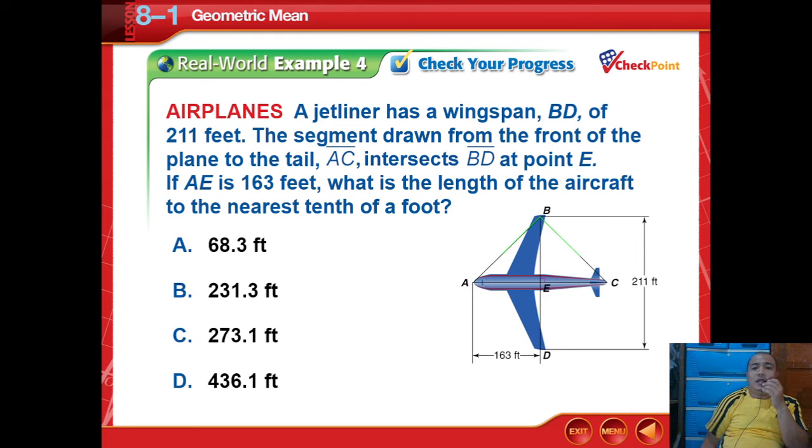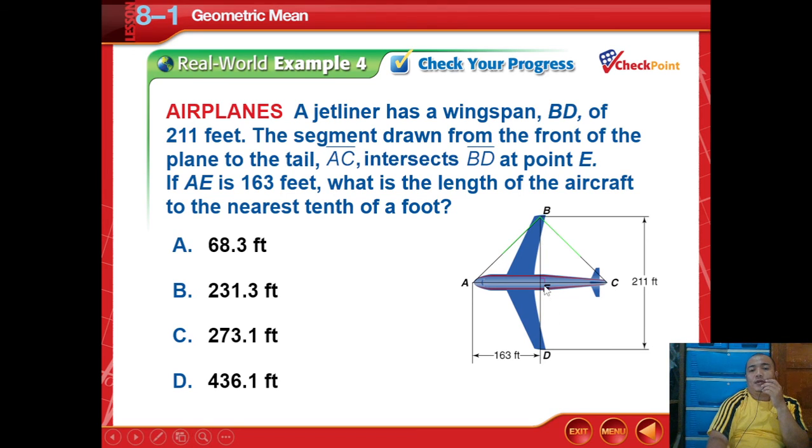Another problem, on airplanes. A jetliner has a wingspan BD of 211 feet. The segment drawn from the front of the plane to the tail, AC, intersects BD at point E. If AE is 163 feet, what is the length of the aircraft to the nearest tenth of a foot? 211 divided by 2, so BE is 1/2 of 211.